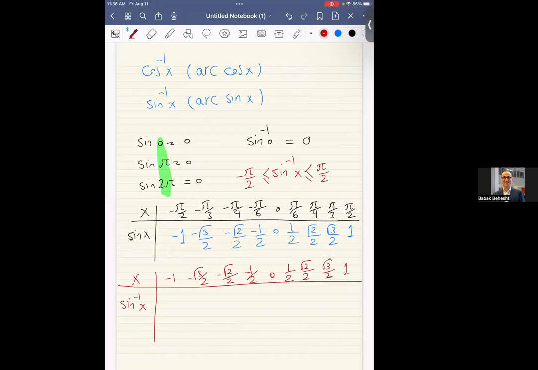Sine inverse of -1 is minus pi half, then minus pi over 3, minus pi over 4, minus pi over 6, 0, pi over 6, pi over 4, pi over 3, and pi over 2.